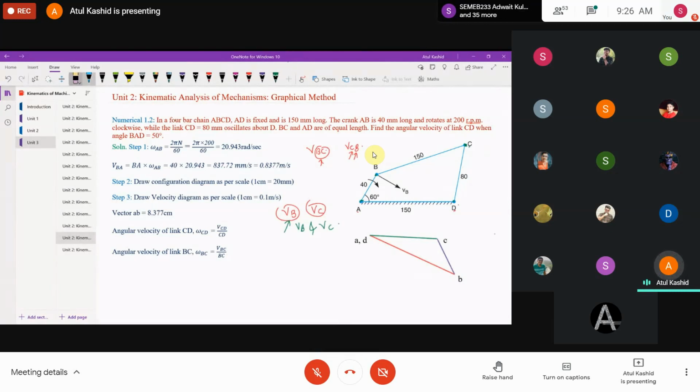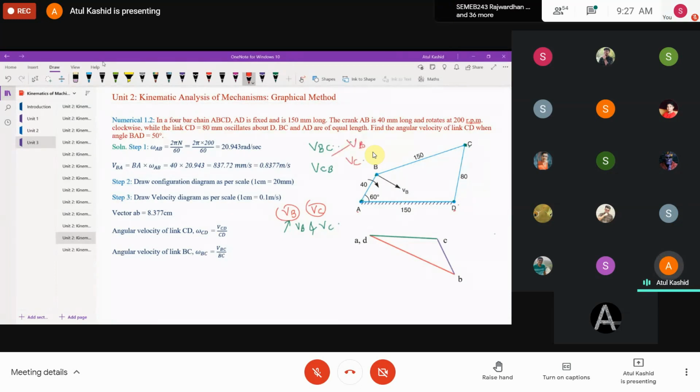But when I say velocity of B with respect to C, in this case, in both the letters B and C, neither point is a fixed point, right? So we are talking about the velocity of B with respect to C, or here VCB, which is nothing but the velocity of C with respect to B, right? Here we cannot write it like velocity of B, velocity of C, right?